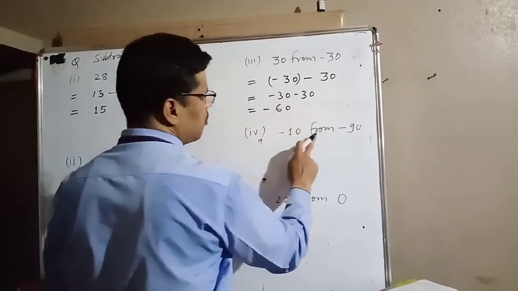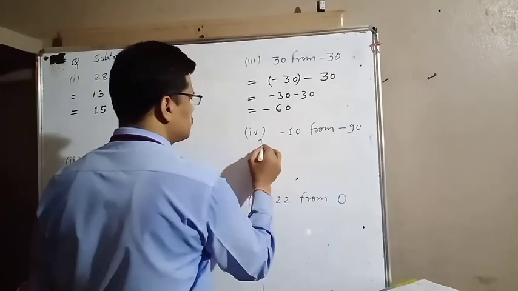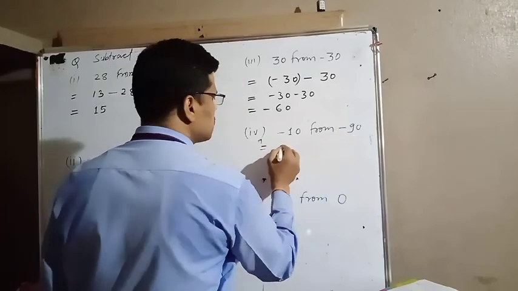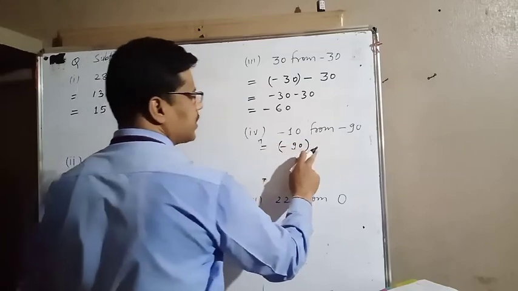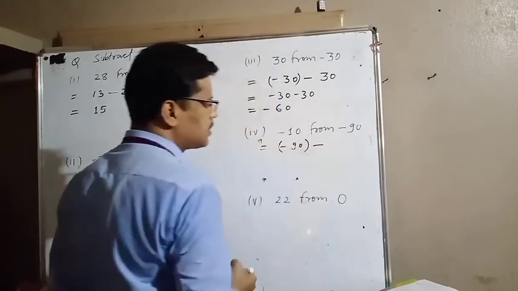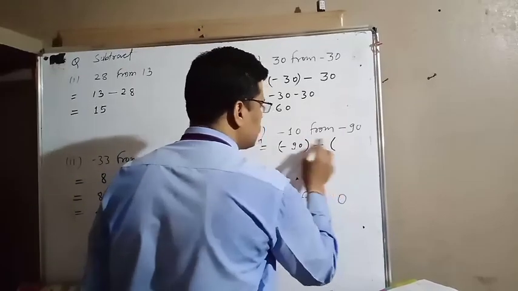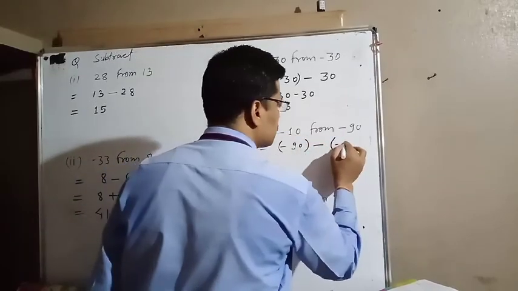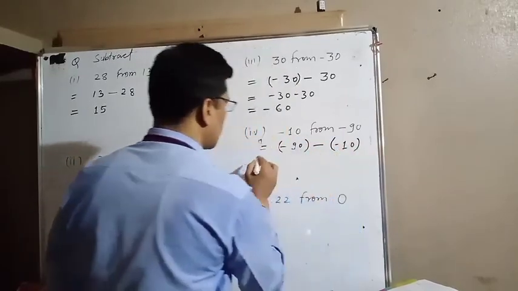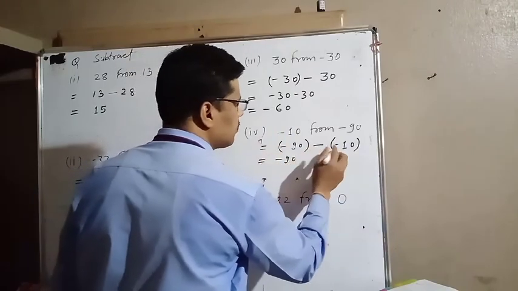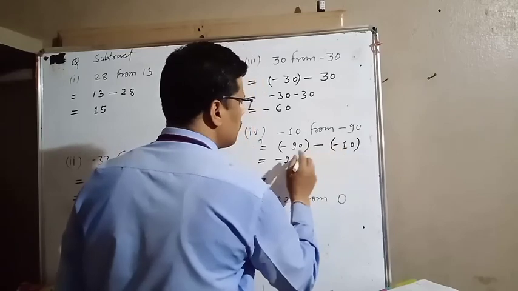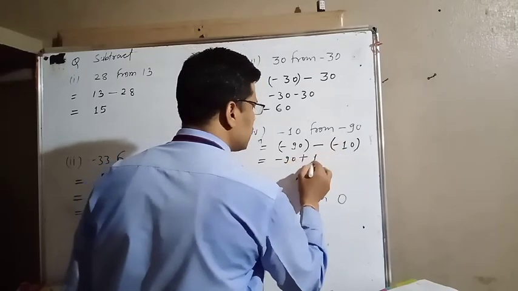Now minus 10 from minus 90. Which number should we write first? Minus 90. Put the bracket. Now we want to subtract, that's why we write the minus sign. Then this integer we want to subtract, minus 10. Minus 90, and this minus minus becomes plus, so we can write plus 10.